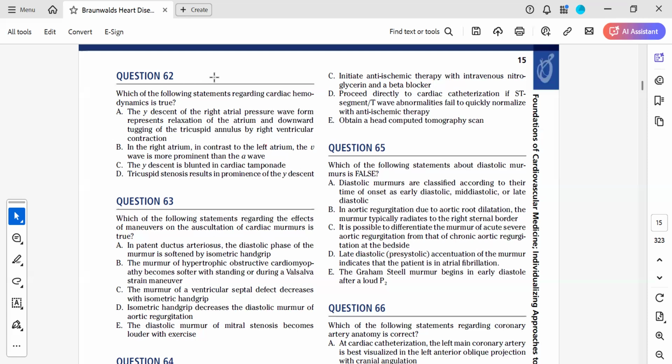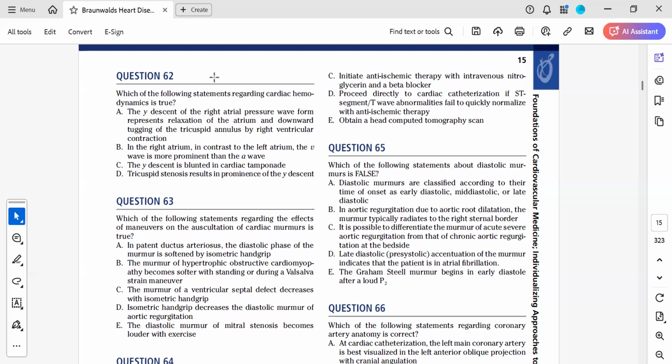Remember that the A wave represents atrial contraction, right? Yes. So with a contracted chamber, you expect high pressure. So the A wave in the right atrium is higher than the V wave simply because of the pressure generated from contraction in the right atrium.